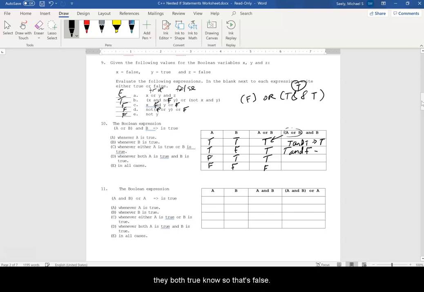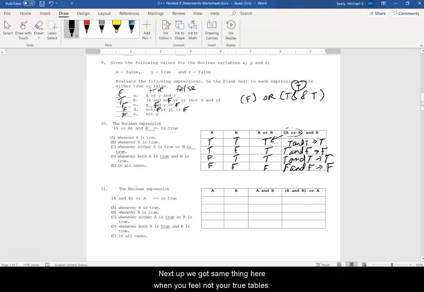Are they both true? No, so that's false. You got true and then in this case B is true, true and true is true. And you got false and false. False and anything is false.